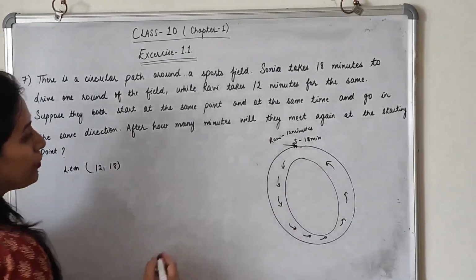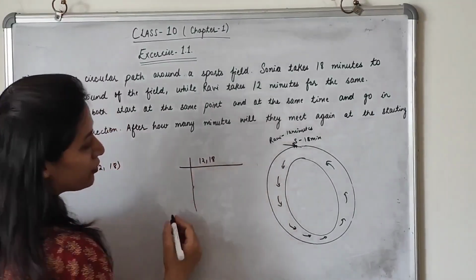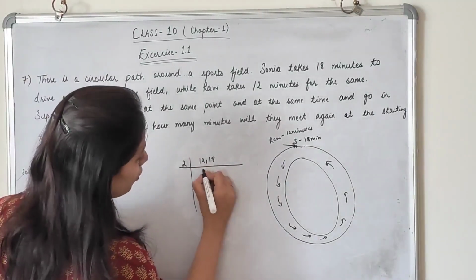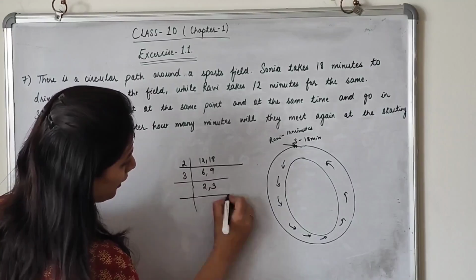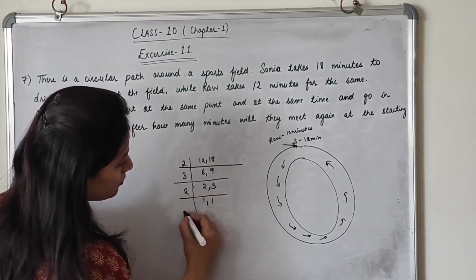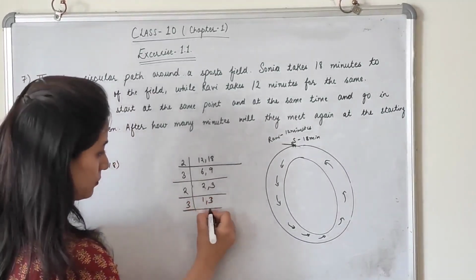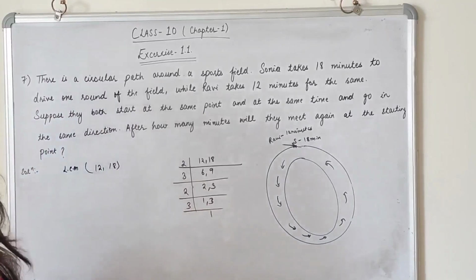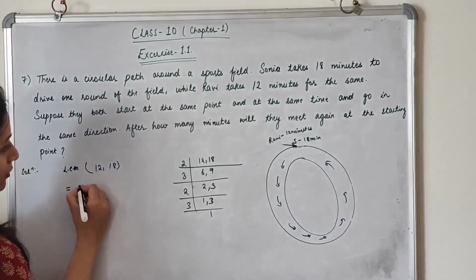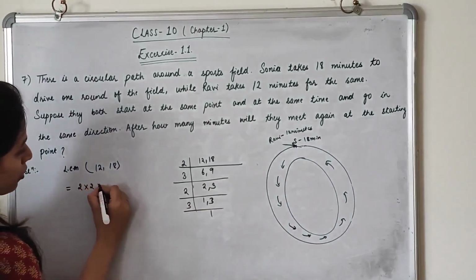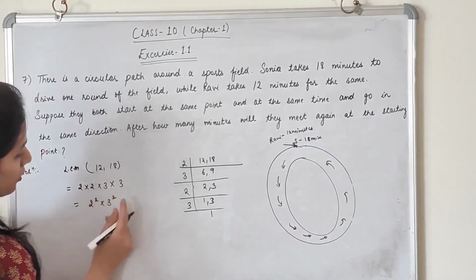So how to find LCM? With the prime factorization method. 2 sixes are 12, 2 nines are 18, 3 twos are 6, 3 threes are 9. So what is the LCM? Factors of 12 and 18: 2 × 2 × 3 × 3, which is 2 square into 3 square.